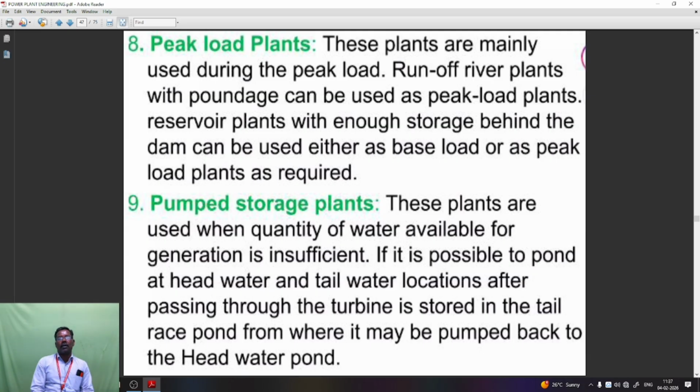These plants are used when the quantity of water available for generation is insufficient. The water after passing through the turbine is stored in the tail race pond, from where it may be pumped back to the headwater pond.